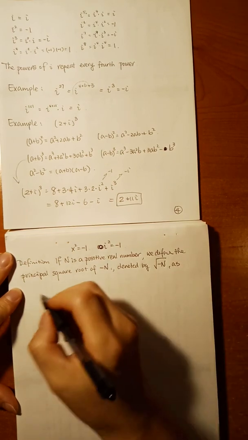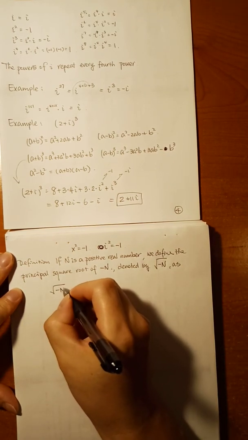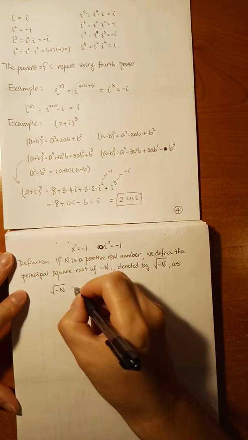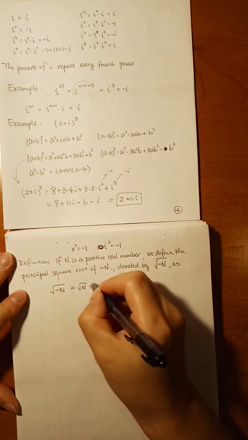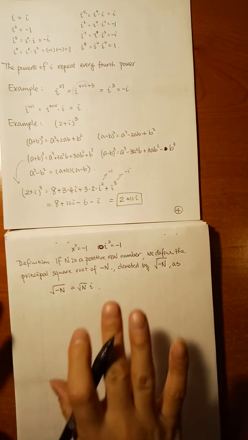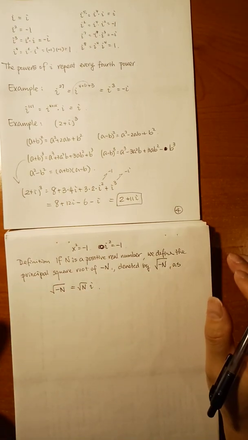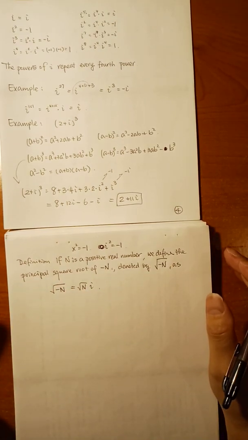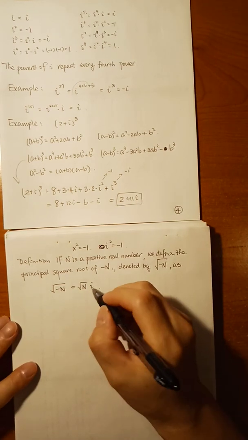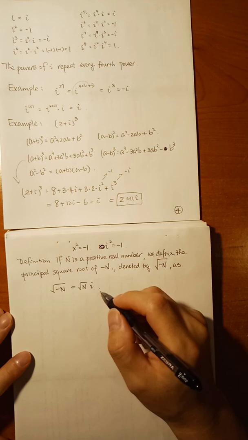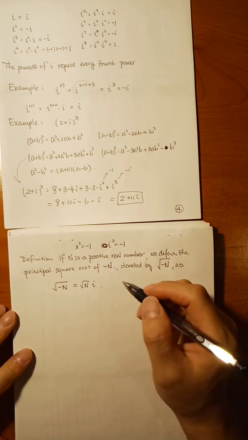The square root of negative 10 is equal to square root of 10 times i. So we separate n from i: we take the square root of n and the square root of negative 1. Again, this i is the imaginary unit, and i squared is equal to negative 1.